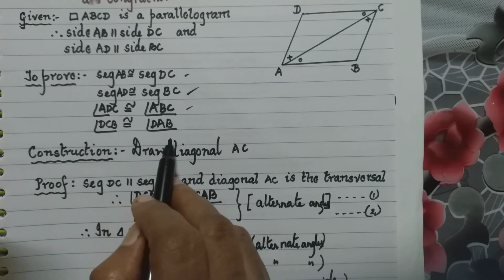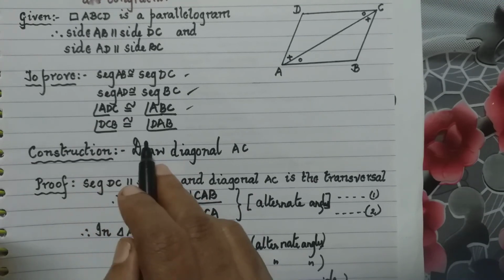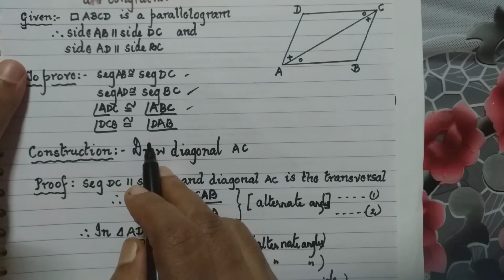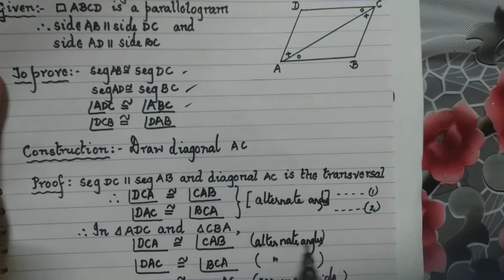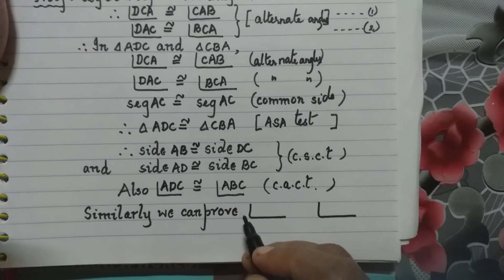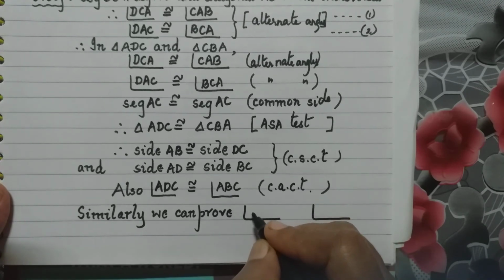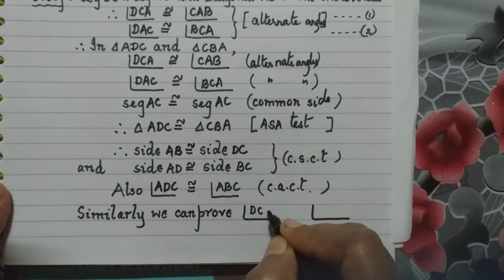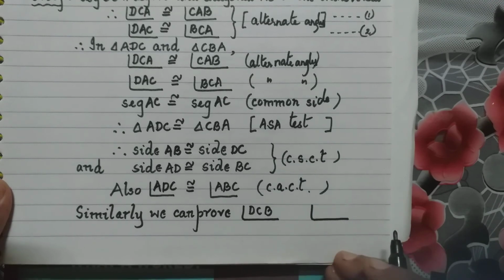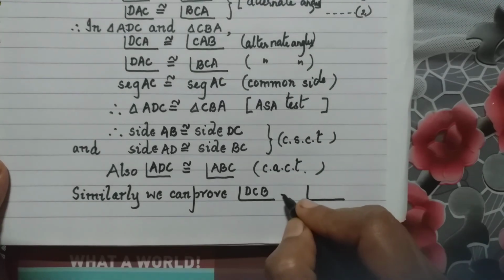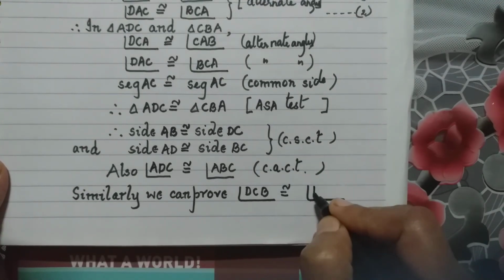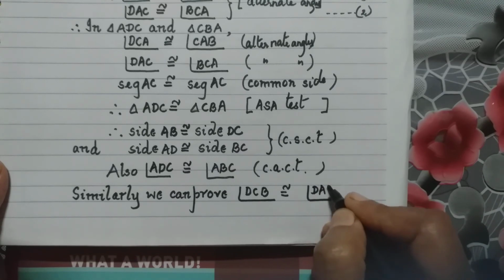What is this pair of angles? Angle DCB and angle DAB. So we write, similarly we can prove angle DCB is congruent to angle DAB.